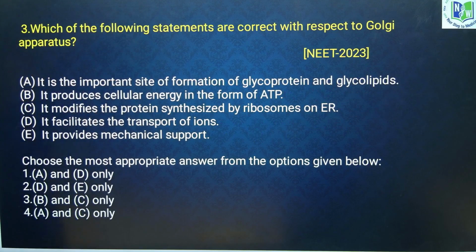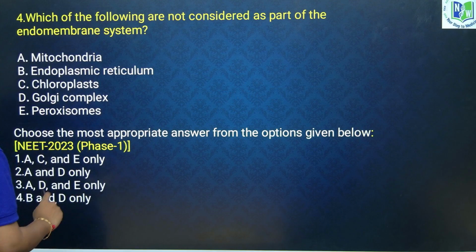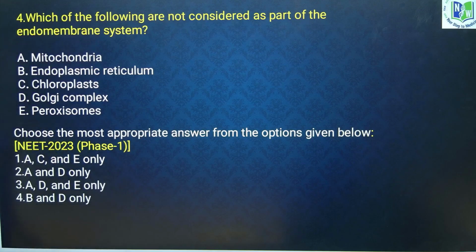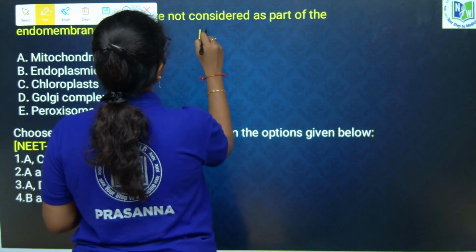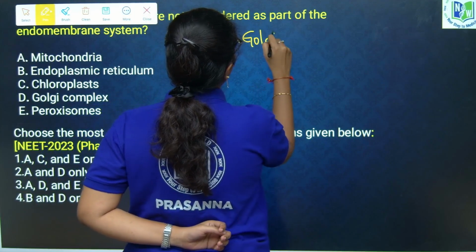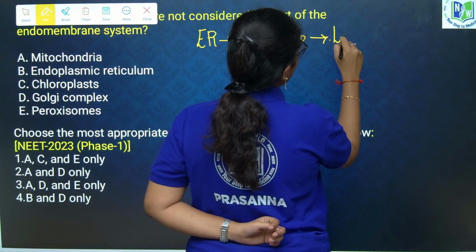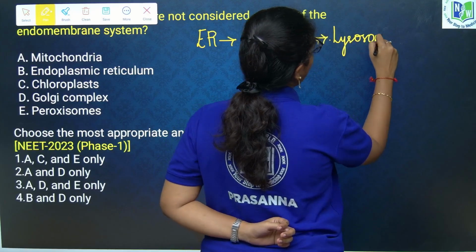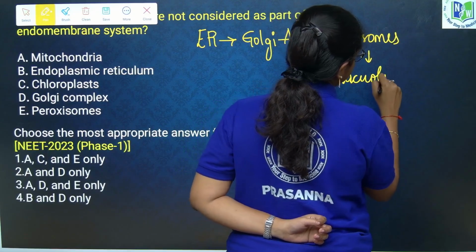Next question. Which of the following are not considered as a part of the endomembrane system? The endomembrane system includes endoplasmic reticulum, Golgi apparatus, lysosomes and vacuoles.